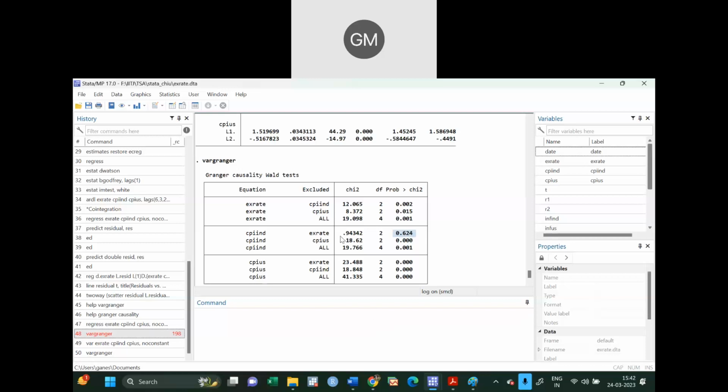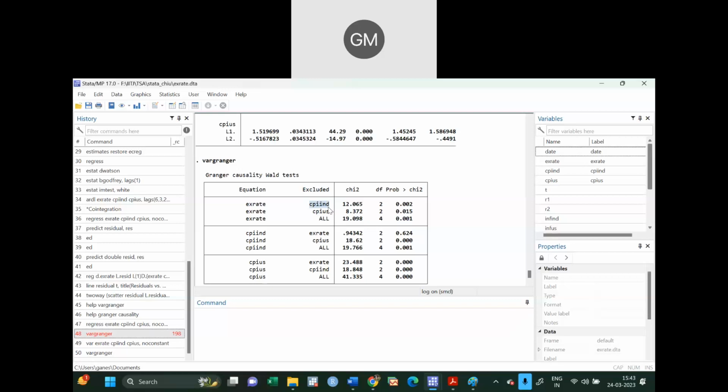Yeah, so I said here, see, the equation is given, the equation of the exchange rate. And in the second column you can look at is excluded, meaning the consumer price index of India is excluded. If this is excluded, what is left? What is left is the consumer price index of US.